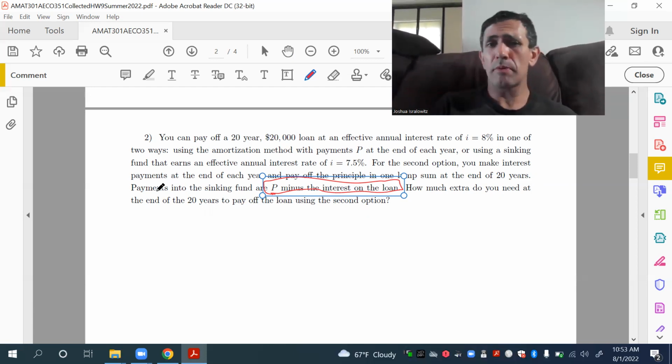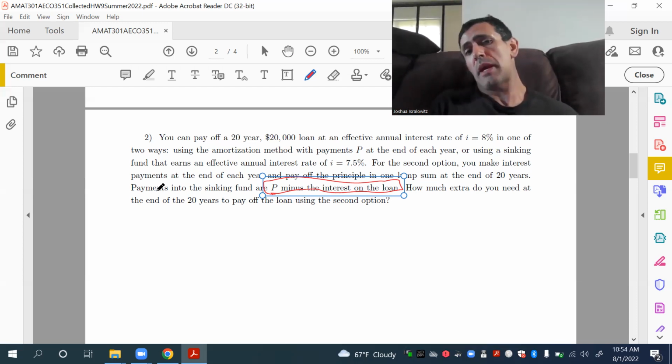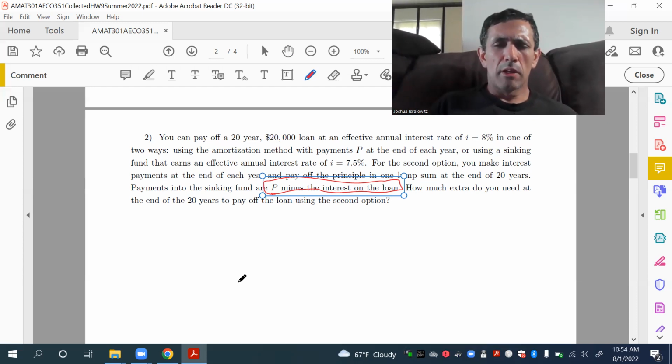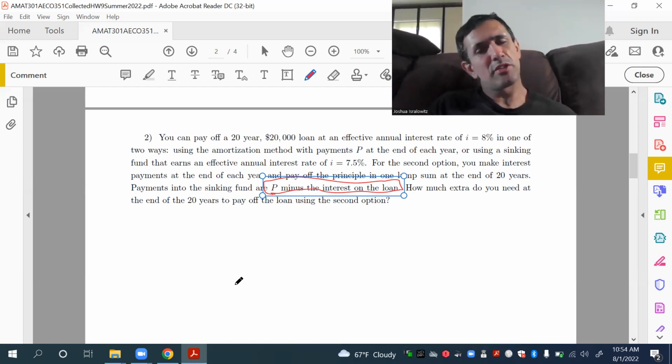Add the two up, it's P. For the first method, payments are P. So that's kind of the idea. They're essentially equivalent, these two methods, in the sense that you're making the same total payments at the end of each year.